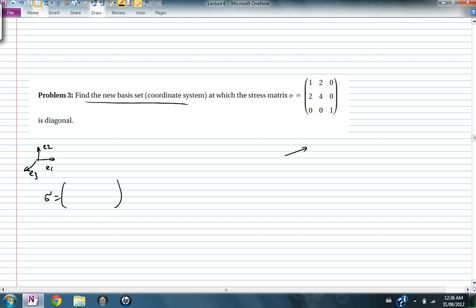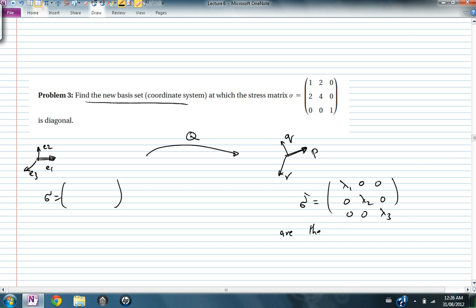I need to find the eigenvalues and eigenvectors of sigma, and form Q that transforms from this coordinate system to the new coordinate system. In the new coordinate system sigma prime should be a diagonal matrix, and the diagonal components are the eigenvalues, or what we call the principal stresses of sigma.